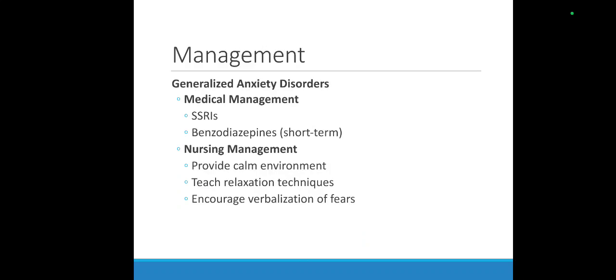Now, what are the different management approaches for the different types of anxiety disorder? For the medical management of GAD, or generalized anxiety disorder, they are allowed to take SSRIs, or selective serotonin reuptake inhibitors. We have your benzodiazepines. For nursing management, you have to provide a calm environment, teach relaxation techniques, and encourage verbalization of fears.